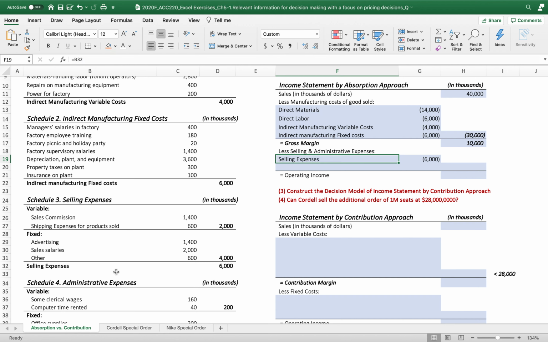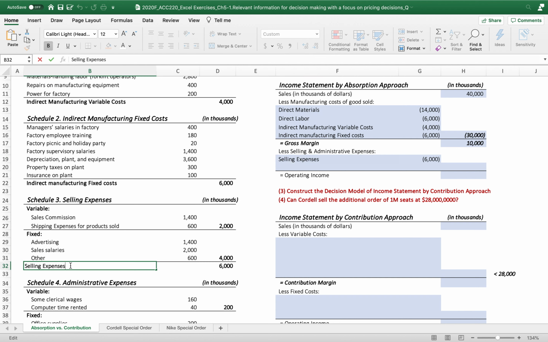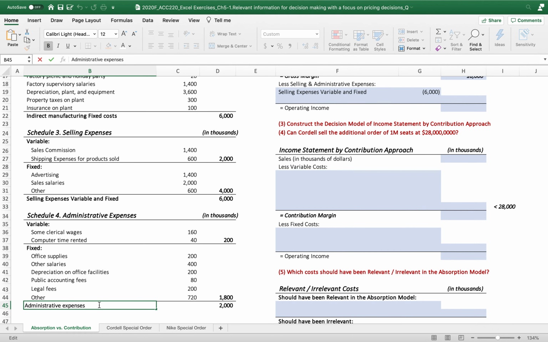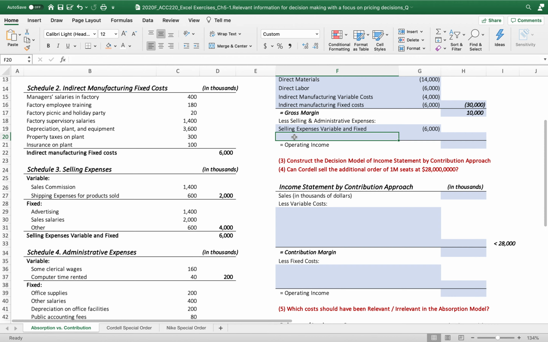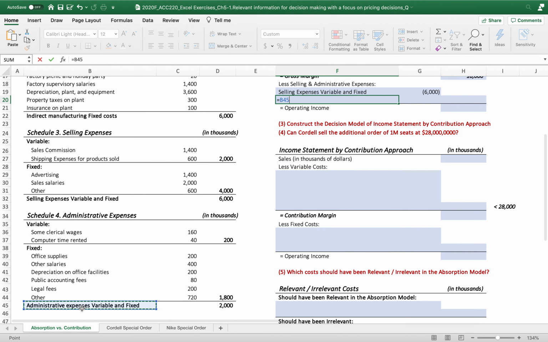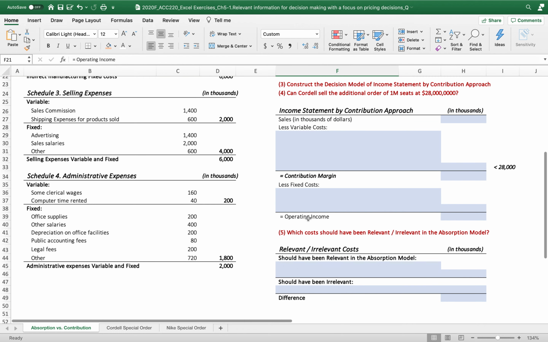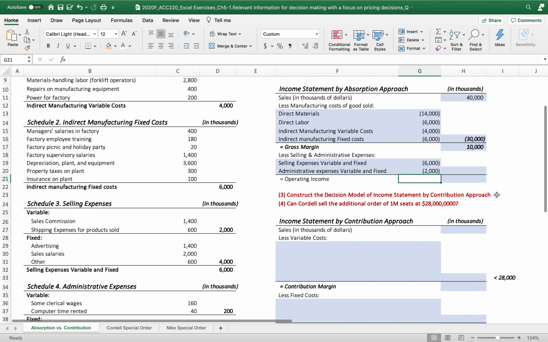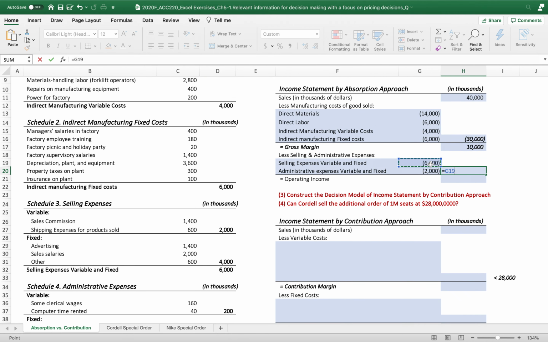Let me change it like that: selling expense variable and fixed. Also the administrative expense, variable and fixed. How much? 2,000 here. We collect 2,000. Now let's sum up these two, selling and administrative expenses, all the variable and fixed.